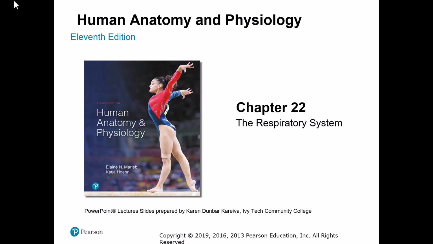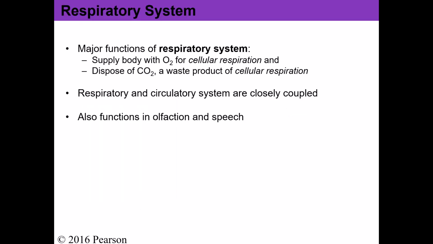So, first, let's do a brief overview of the respiratory system before we get into the topic of this particular lecture. The major functions of the respiratory system come down to transport of gases, particularly oxygen and carbon dioxide.